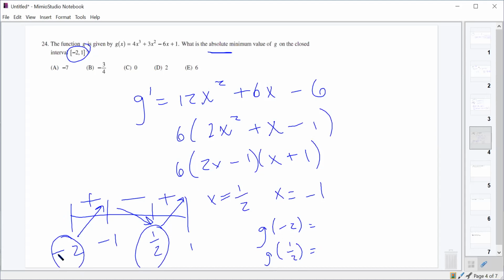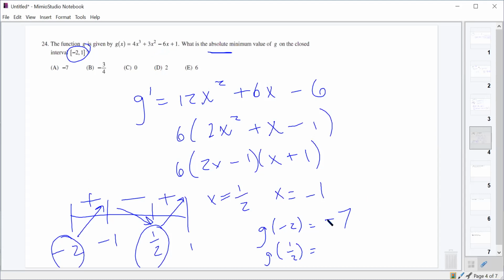So g of -2, let's see, that's -32, plus 12 is -20, plus another 12 is -8, plus that one more is -7. And then 1/2.